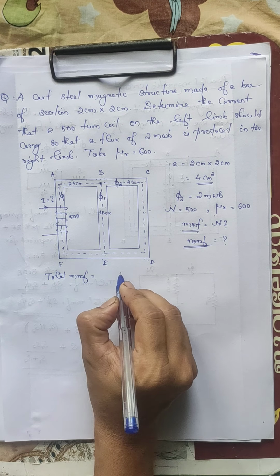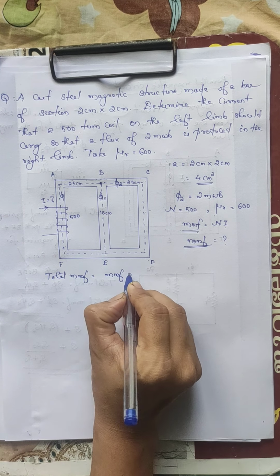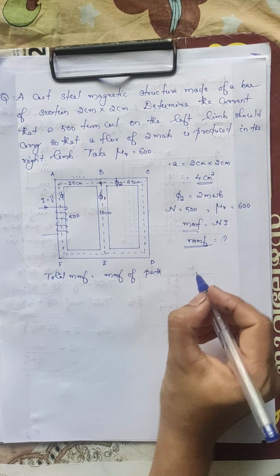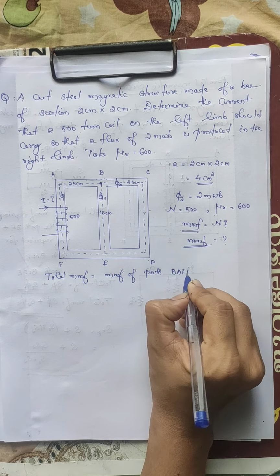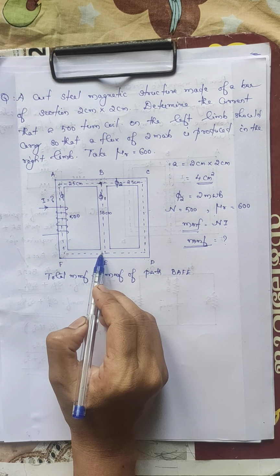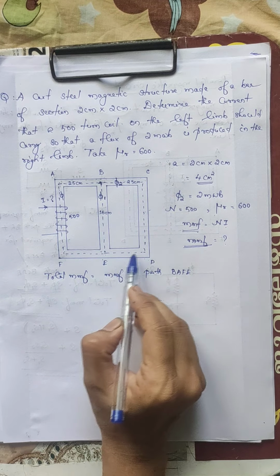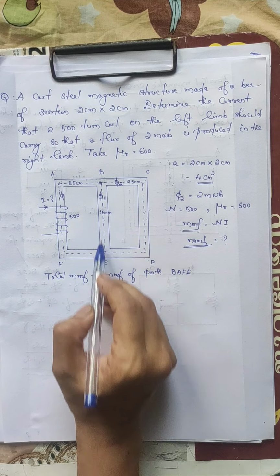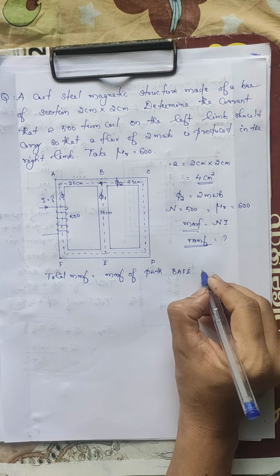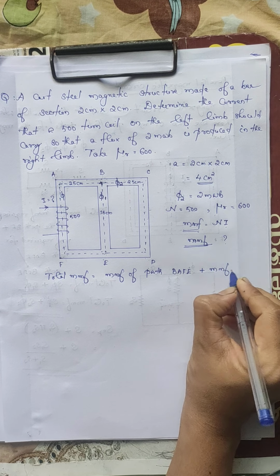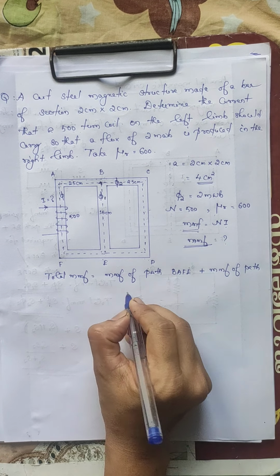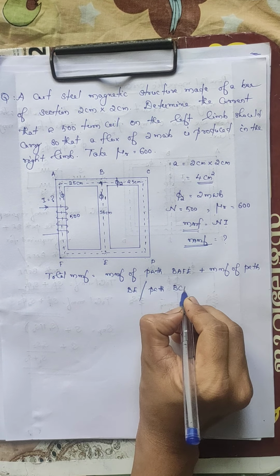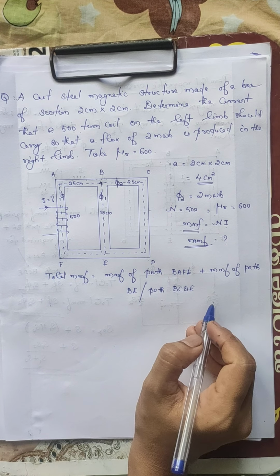So we can write total MMF is equal to MMF of path BAFE plus MMF of path BE or path BCDE. Now these two paths are in parallel, so the MMF across them will be the same, and we have to take either one of the MMF. This will be the total MMF.